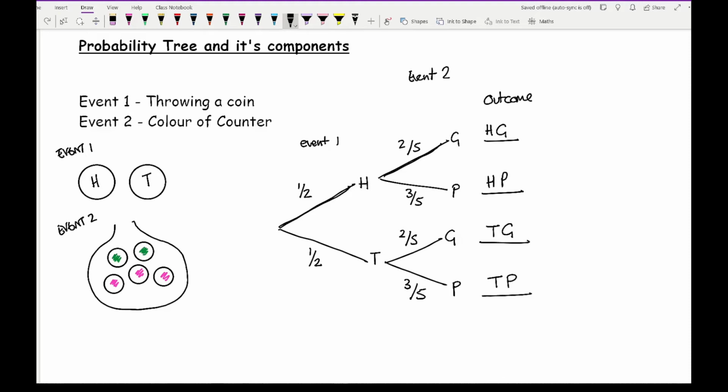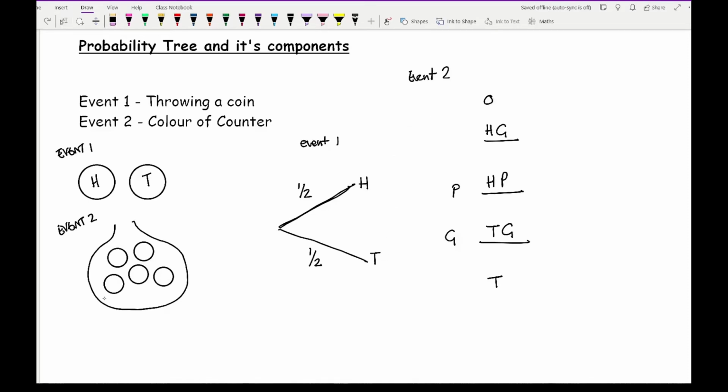Now, let's imagine that I had, let's get rid of the colours. For argument's sake, let's change this up a little bit and say that our choice of colours was green, pink, and red.